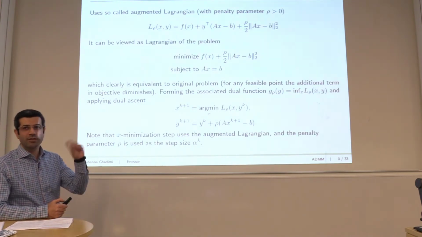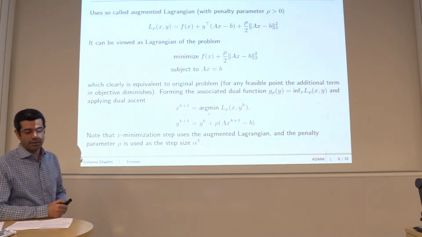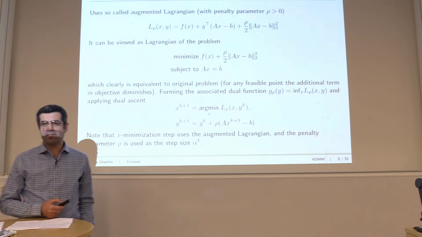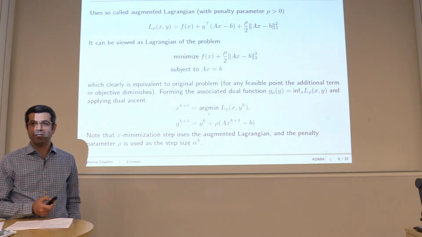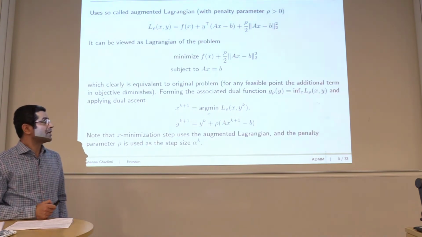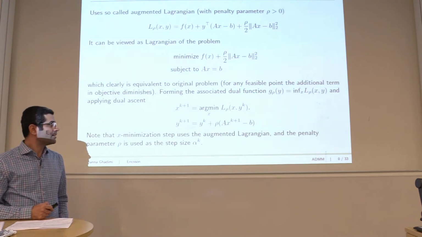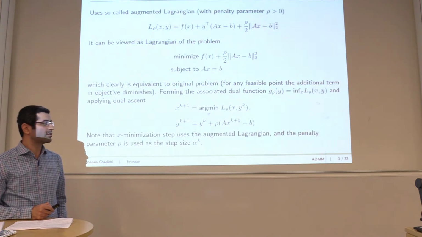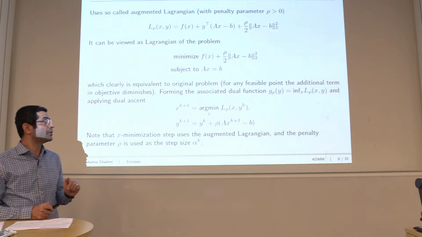But now, there is one tiny step we still have to take to get to this method of multipliers. It's basically very similar to when you apply dual ascent to the normal Lagrangian, except here you have the augmented Lagrangian term, and you have a similar gradient step, except that the step size is particularly and carefully picked to be equal to rho.